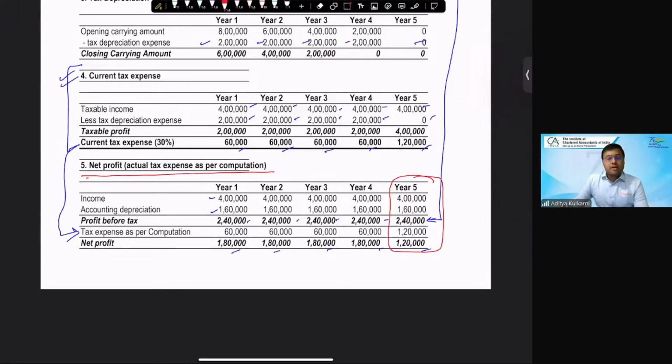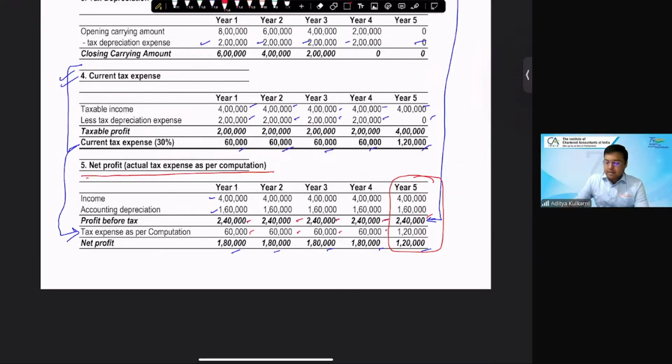That's right. If you give these financials to an investor or to a reader of financial statements, he will say, year 1, 2, 3, 4, 5, you have the same accounting profit. Then why is it that your tax expense has changed when the tax rate also has remained the same?